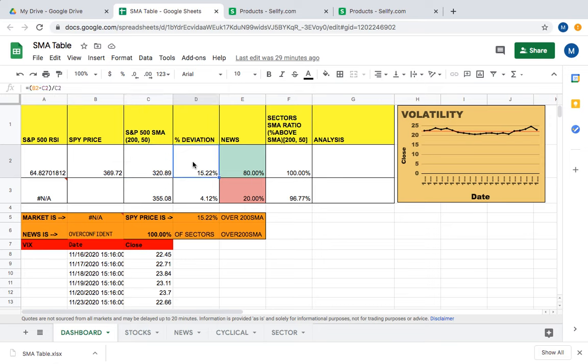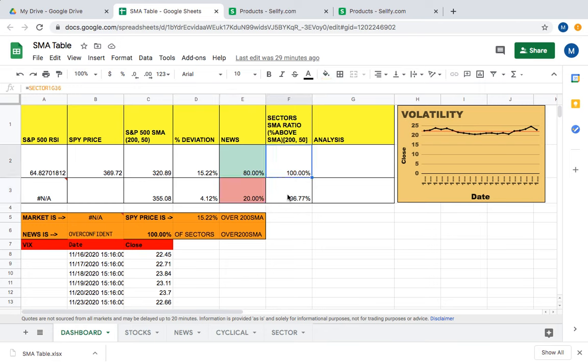I have percent deviation from those, so that can tell you how much above or below the moving averages that index is. I have my news readings, which I will get more in depth on here in a few minutes, but that analyzes the news headline sentiment for the stock market.